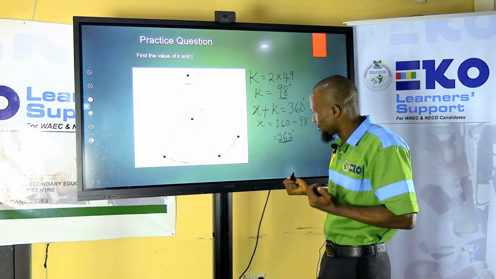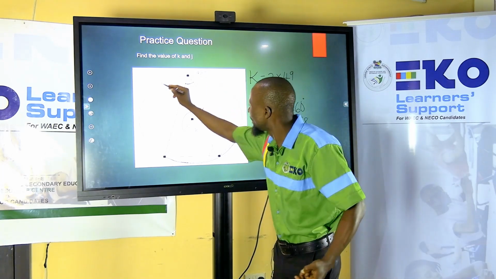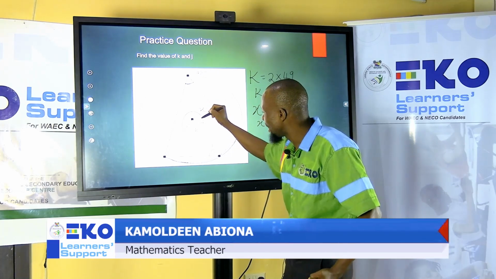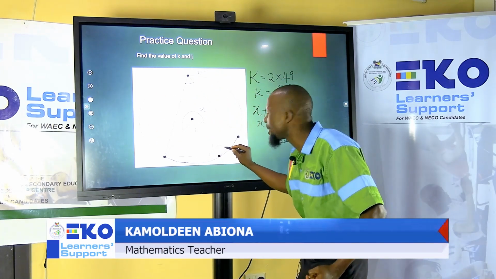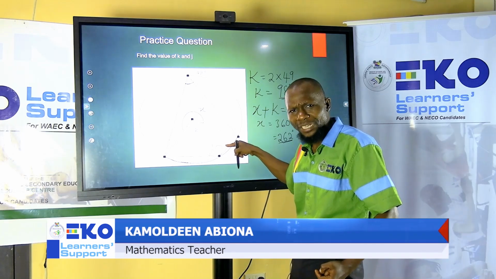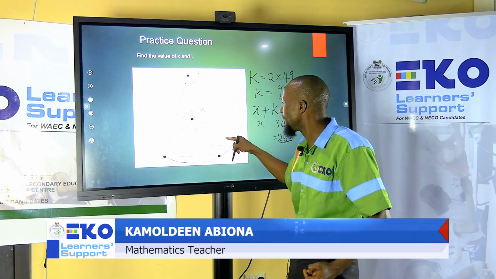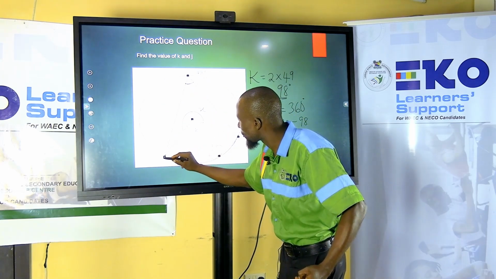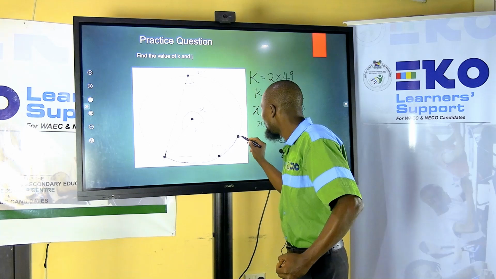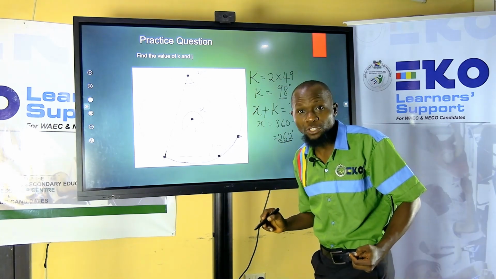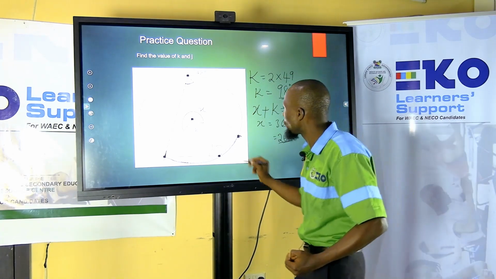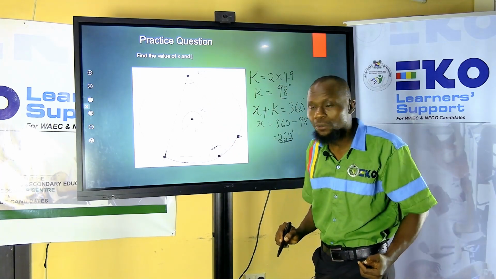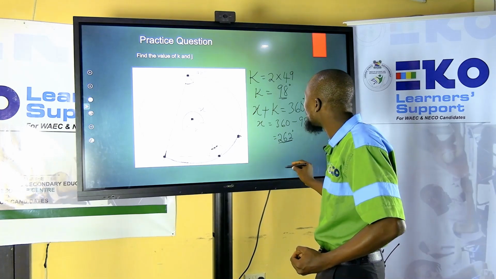Now, in this case, this particular arc, which is a major arc, produces angle X at the center. And that same arc produces angle J at the circumference. Do you observe that? X is being produced by this, from here to this. Yes, that is a major arc. That same major arc produces J at the circumference. So you also use the principle again.